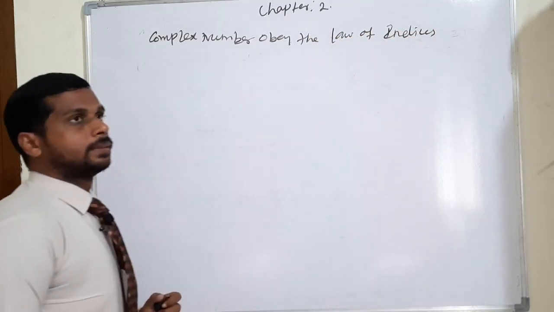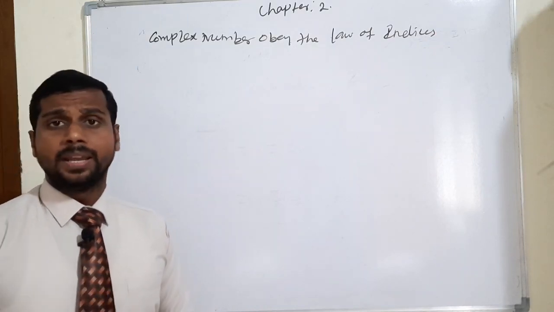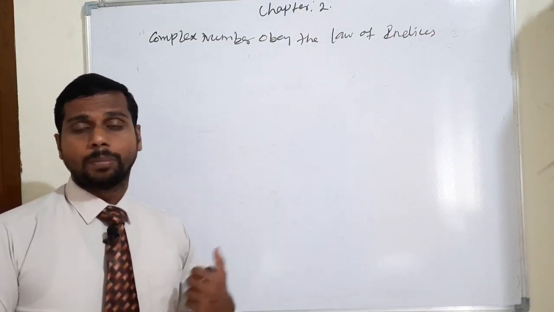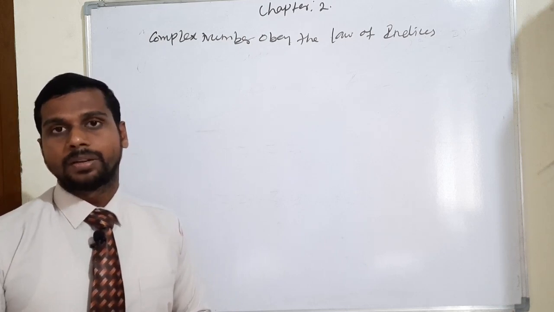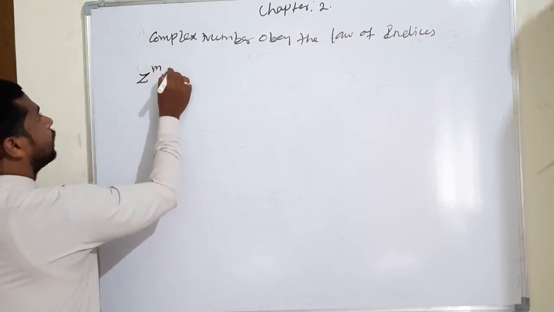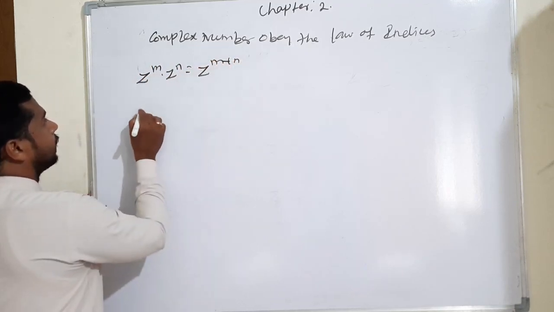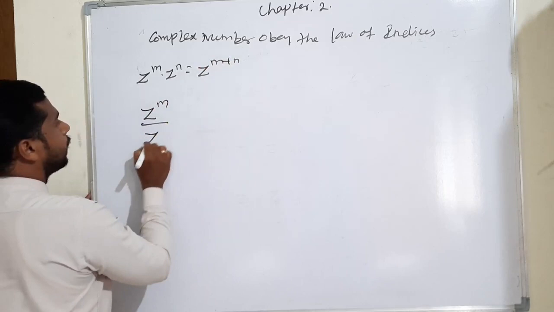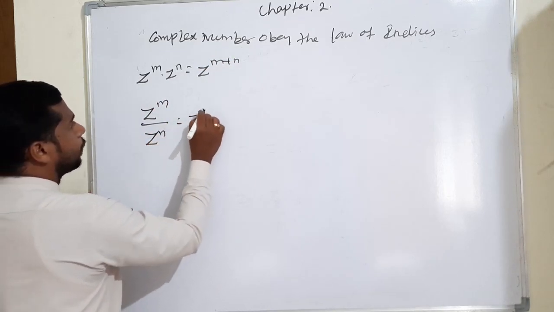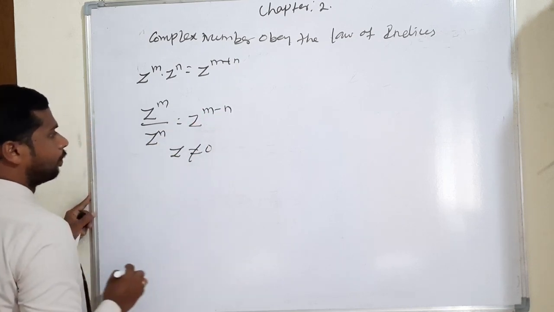The law of indices you already know from plus 1 and plus 2 topics. The base there will be A, but here for complex numbers each and every time it is related to Z. So Zm into Zn gives Z to the power m plus n. As well as Z to the power m divided by Z to the power n is equal to Z to the power m minus n, always with Z not equal to 0.